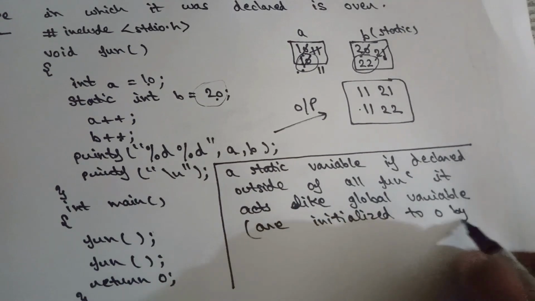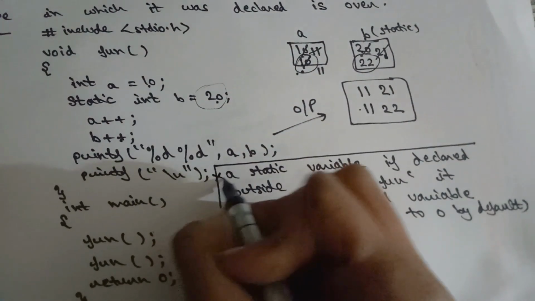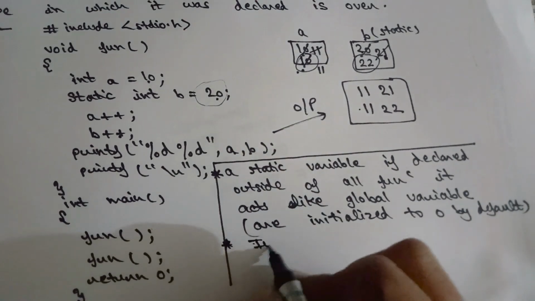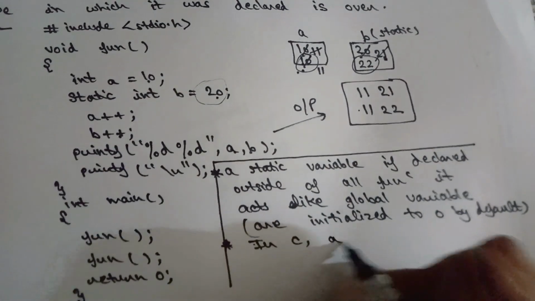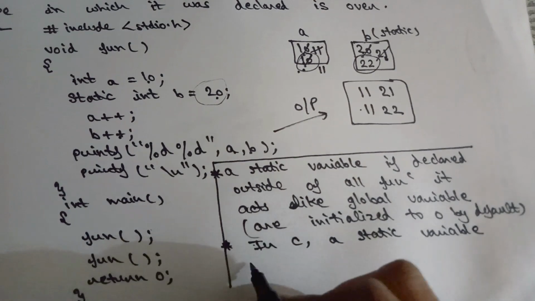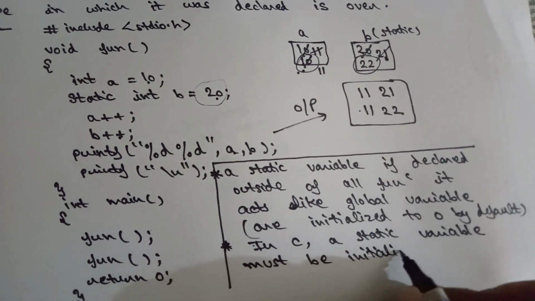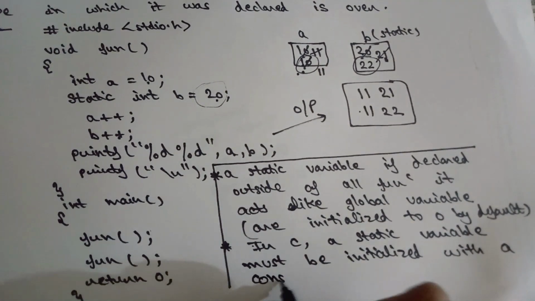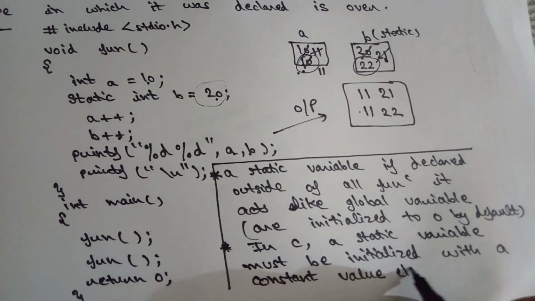Another point for this static variable is that in C language, as we are studying C language concepts, a static variable must be initialized with a constant or a literal, a constant value, else it will give an error.